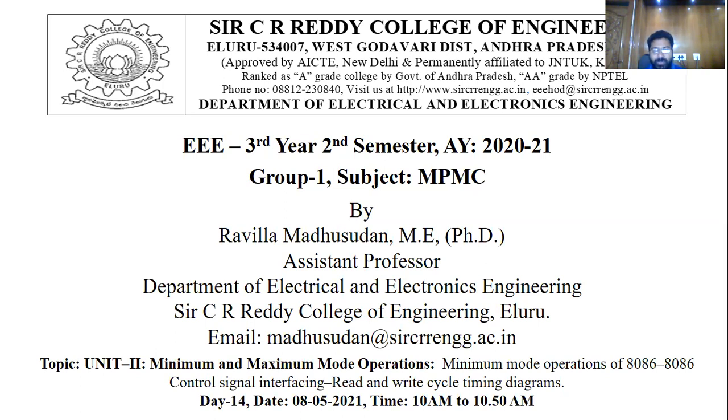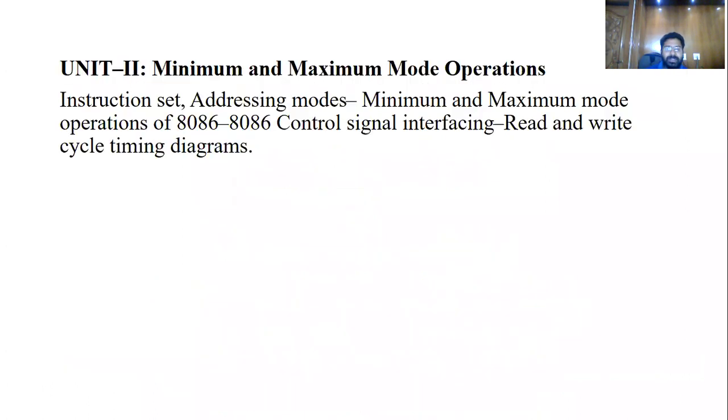For changing from one mode to the other, we have one pin, MN/MX bar. That pin is available to change from maximum mode to minimum mode or minimum mode to maximum mode.